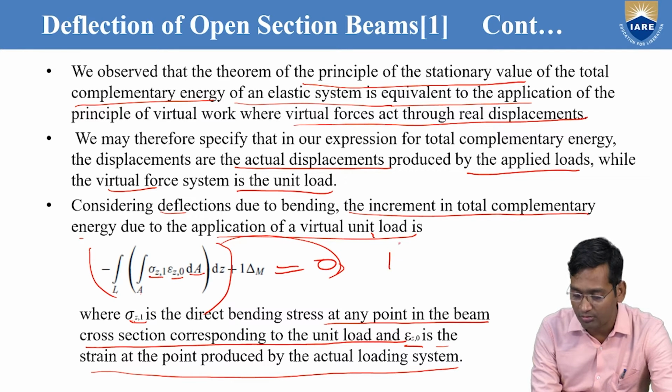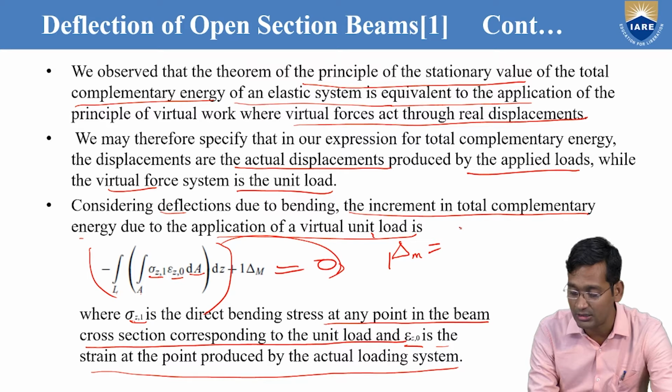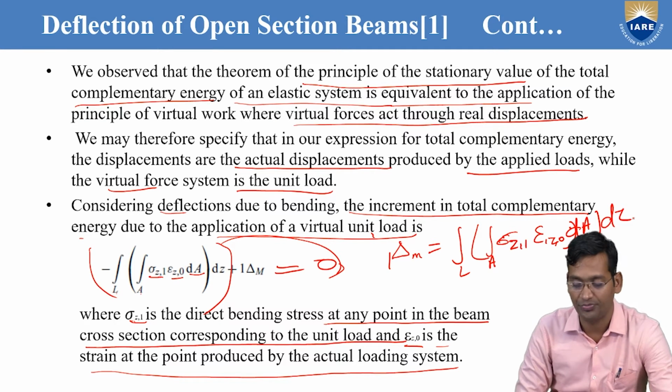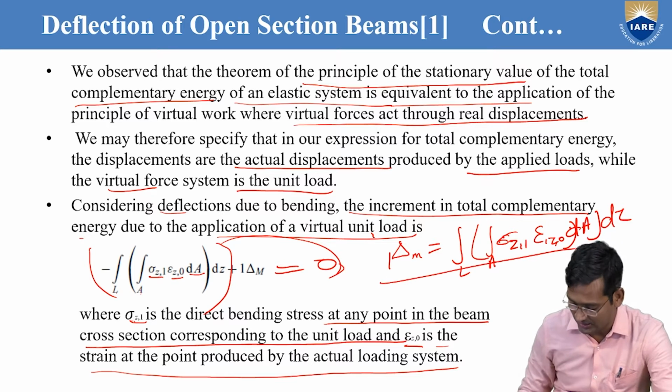That 1 delta m is equal to, this whole thing is minus, so it becomes plus, integral of L, then integral of A, sigma z,1 epsilon z,0 into dA, and then whole dz, right? So this will be the displacement formula.